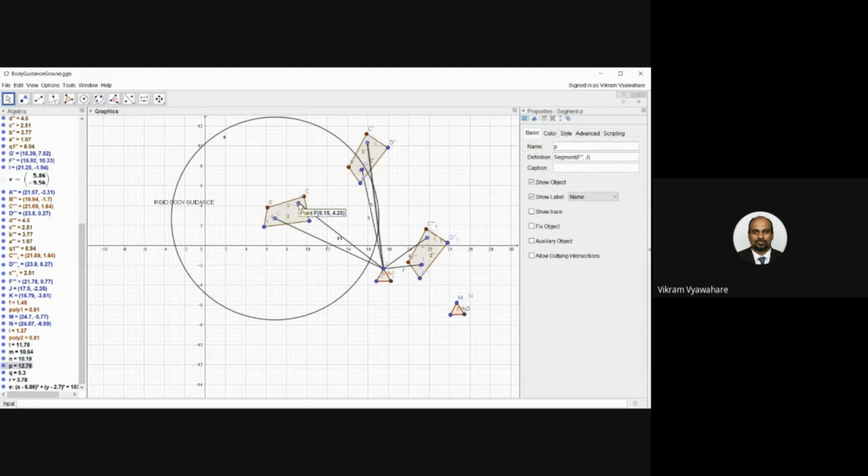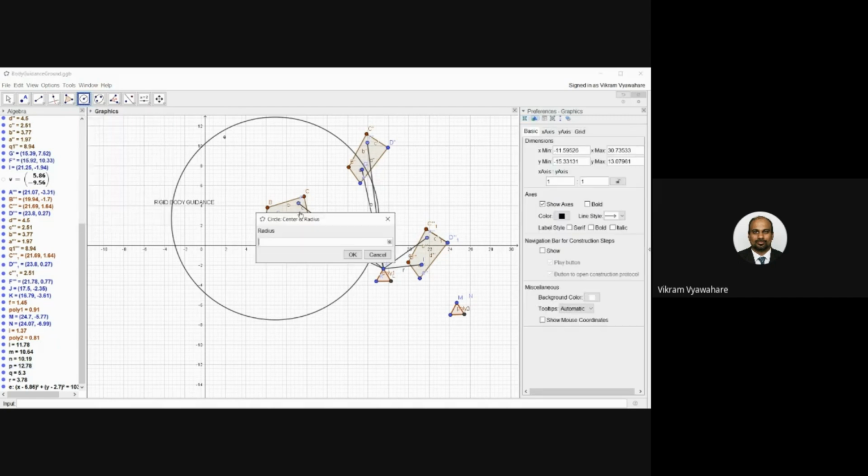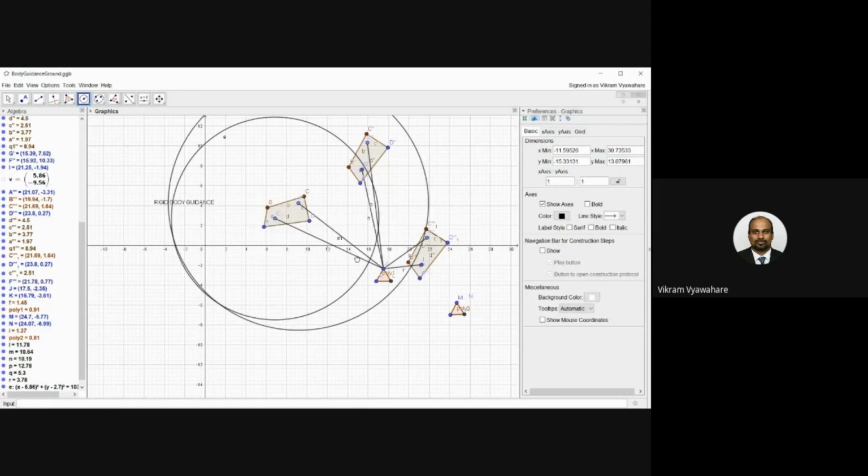So I will have to draw from the second point a circle of radius 12.78. So the point of intersection of these two circles will be the new pivot location when this is going to become fixed, means correspondingly this is going to move. Okay.